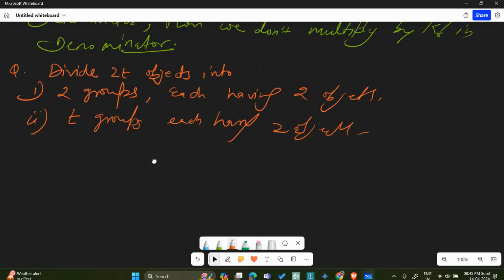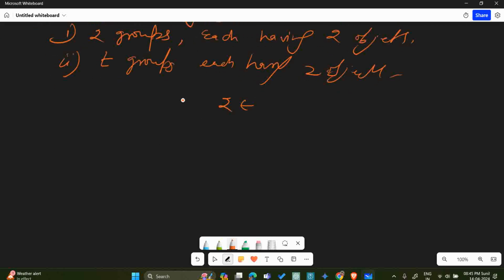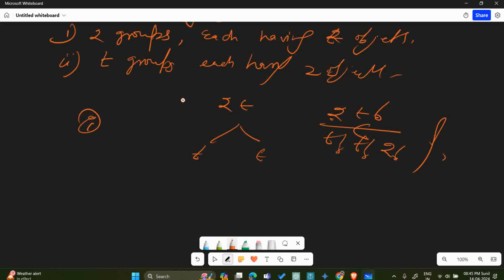So how can we do this? We have 2t objects. For the first case, you have two groups, each having t objects. So it is 2t C t, that is 2t factorial upon t factorial into t factorial, upon 2 factorial. This is the answer.